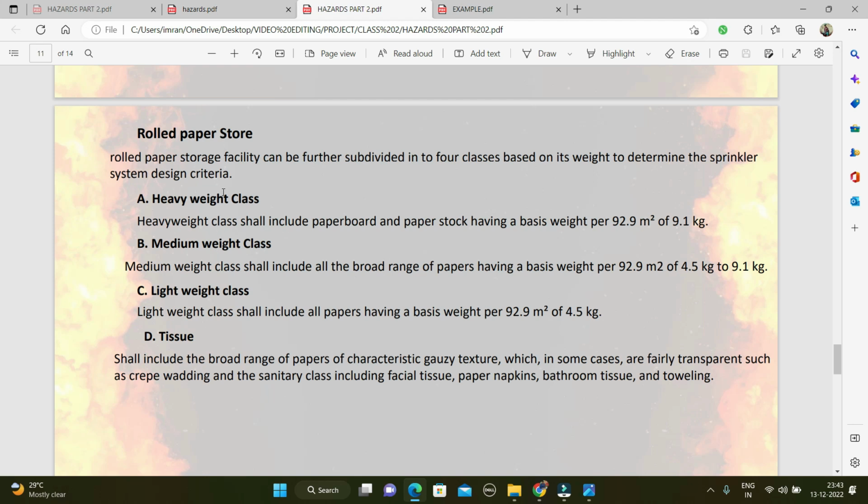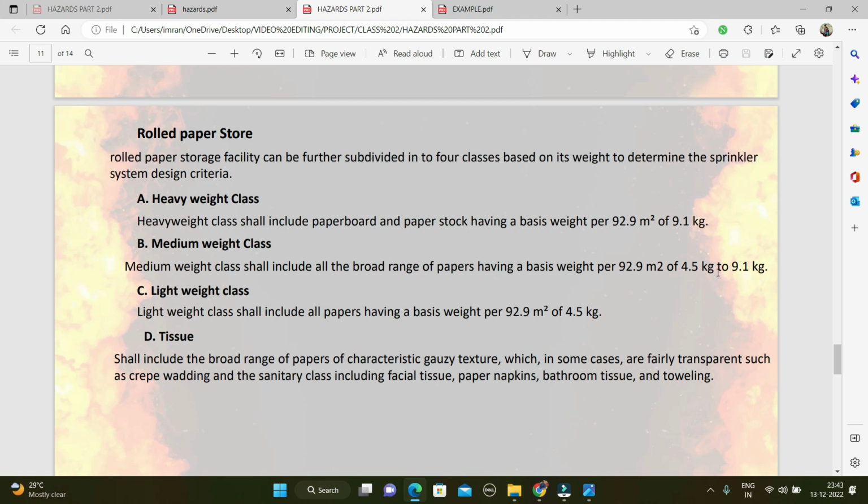Okay, now it's clear, but it is also divided into 3 classes on the basis of weight. Suppose we consider an area of 92.9 square meters, as already given in NFPA 13. If in that area the paper weight is 9.1 kg or more, then we will consider that store as a roll paper store heavyweight class.